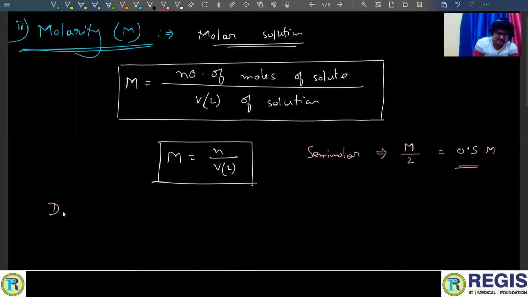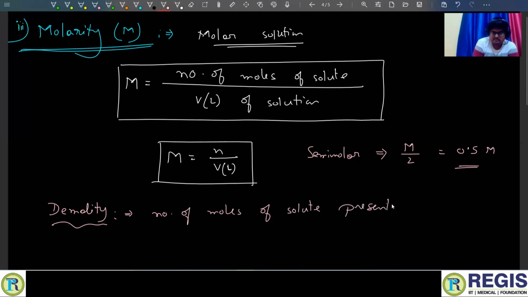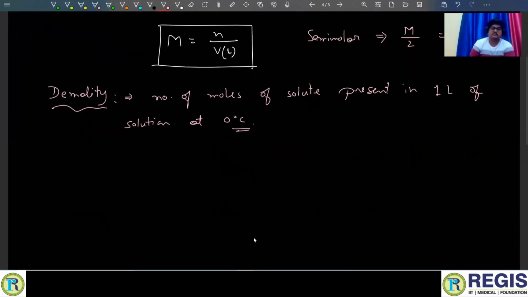Okay, so demality is the number of moles of solute present in 1 liter of solution at 0 degree centigrade. Any doubt?